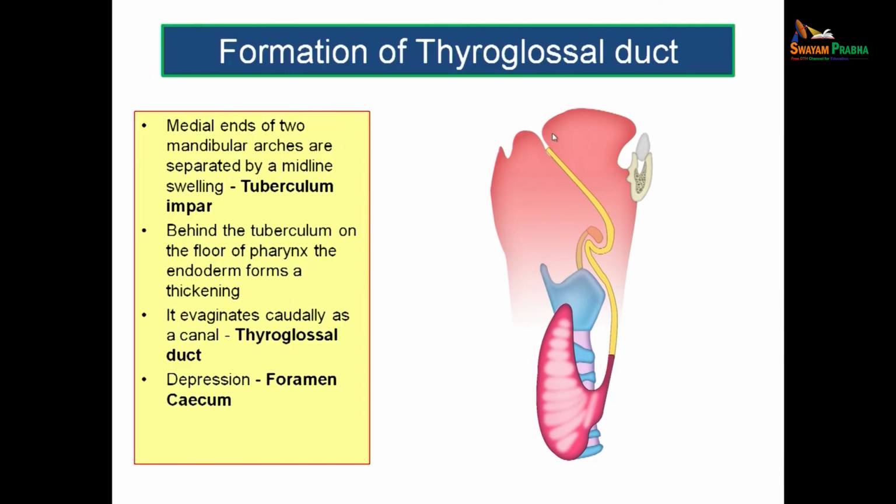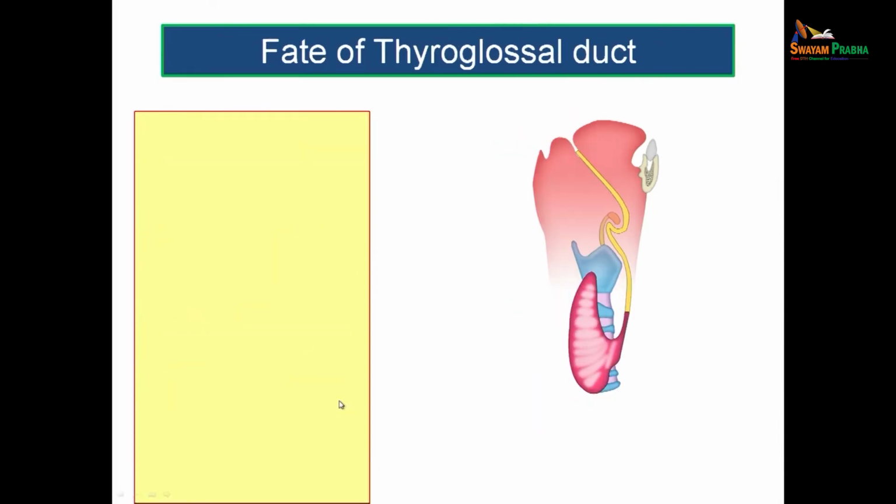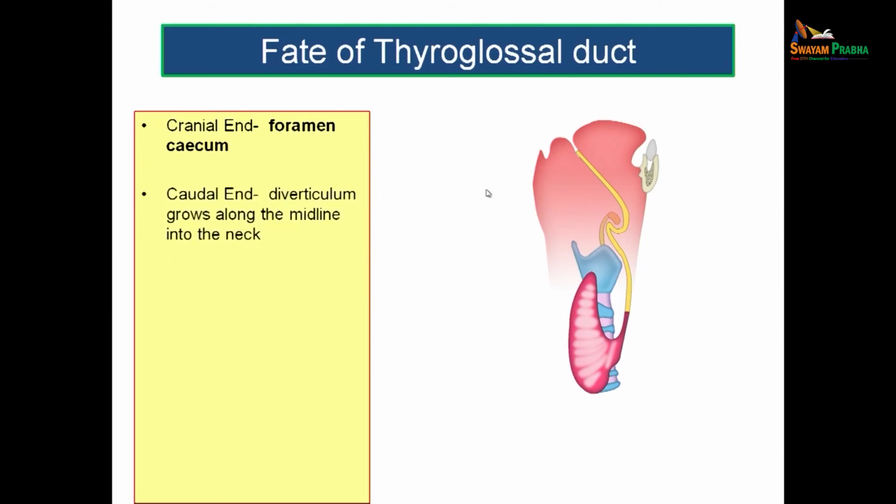In adults, once the thyroglossal duct gets obliterated, that dipping can be seen as a foramen, the foramen cecum. It is the depression seen on the dorsum of the tongue, from which the thyroglossal duct originated. So the cranial end of the thyroglossal duct is seen as the foramen cecum.